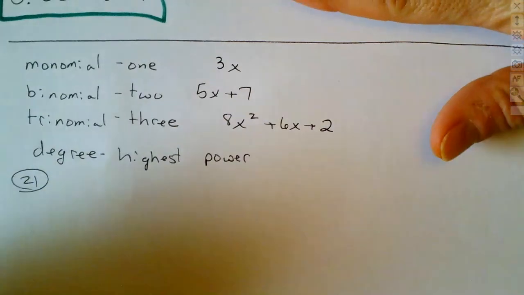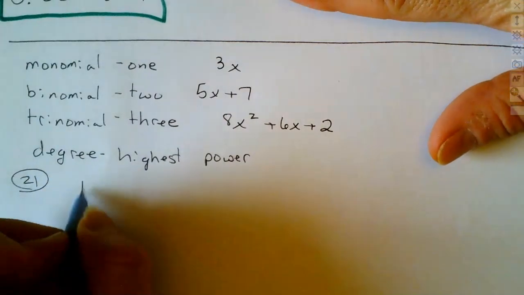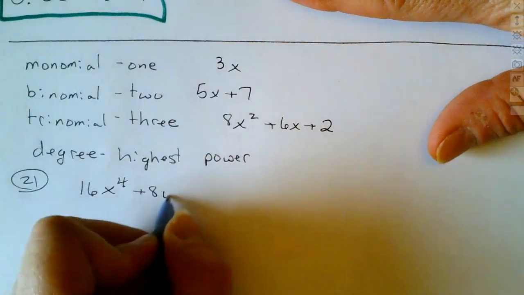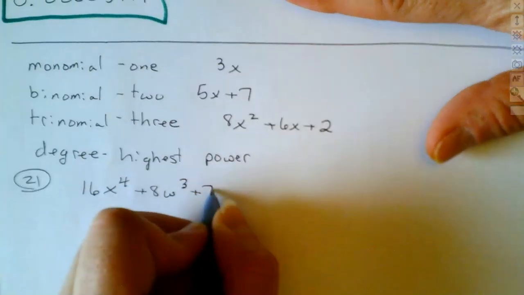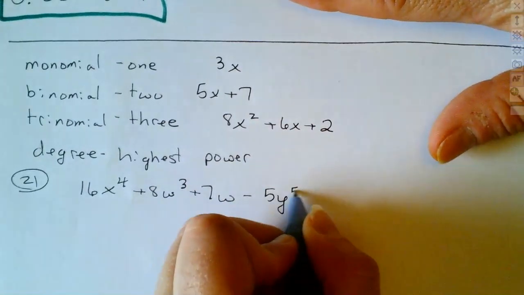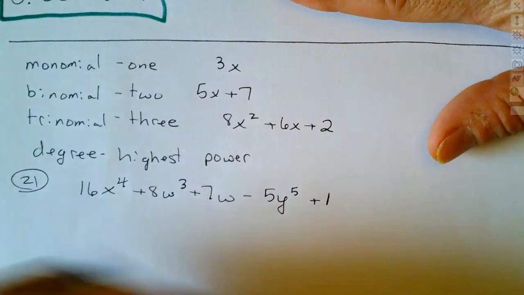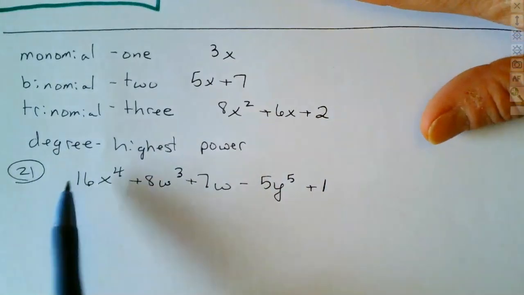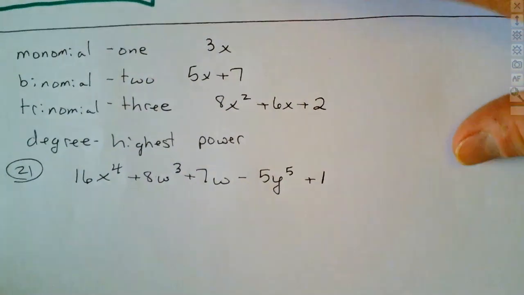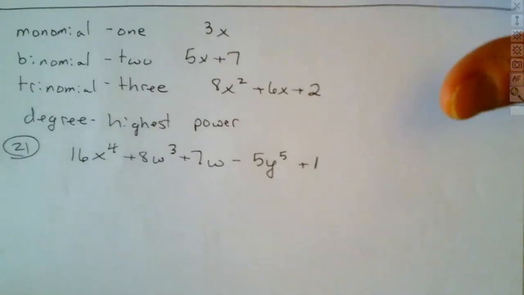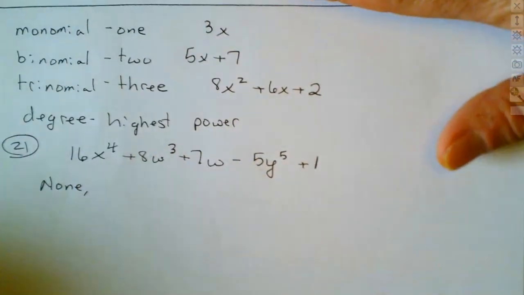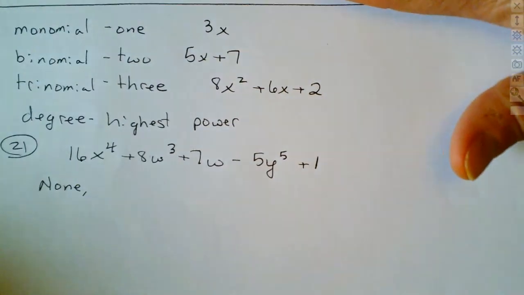So question 21, we've got 16 x to the 4th plus 8w cubed plus 7w minus 5 y to the 5th and a plus 1. How many terms do we have? 1, 2, 3, 4, 5 terms. We don't have a specific name for 5 terms, so this would be none. Right? It's not a binomial, monomial, nor trinomial, so it's none.